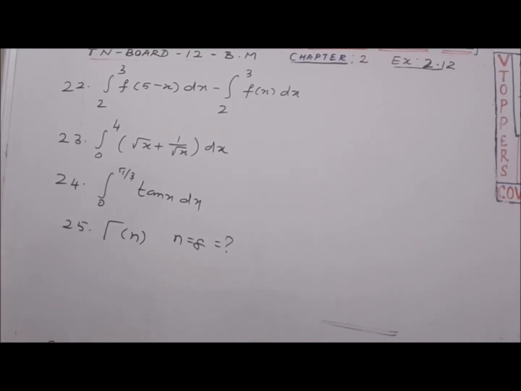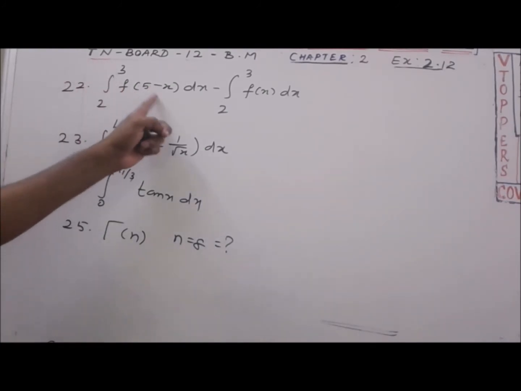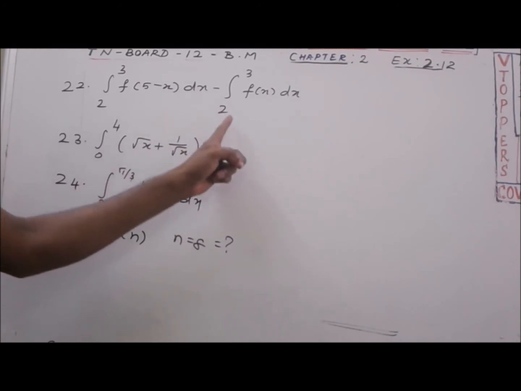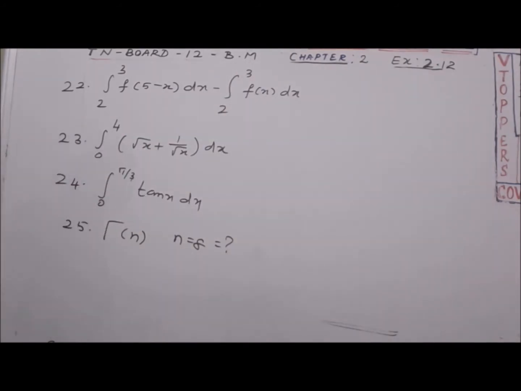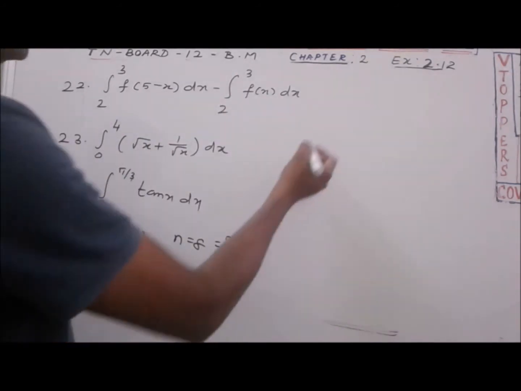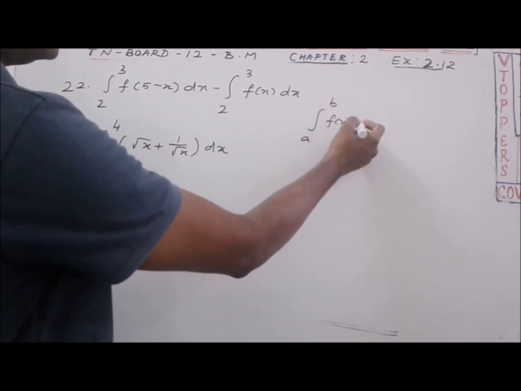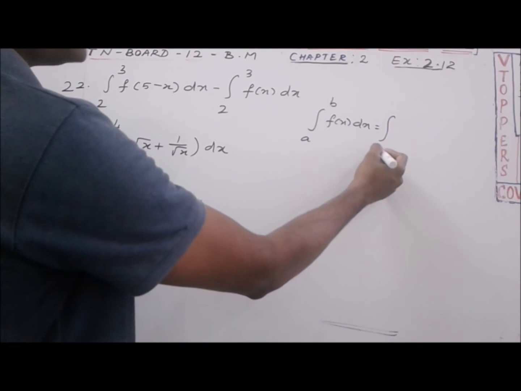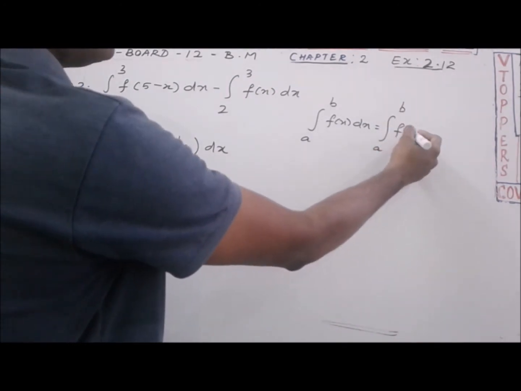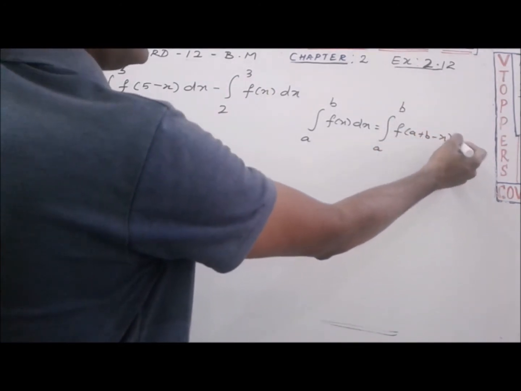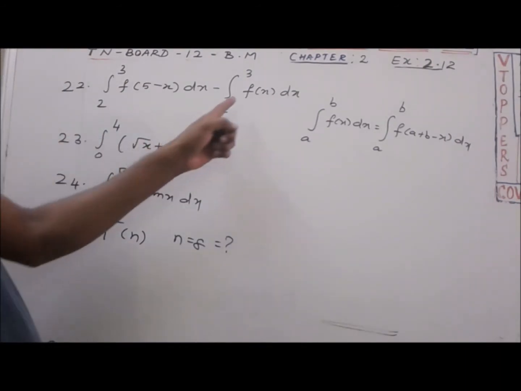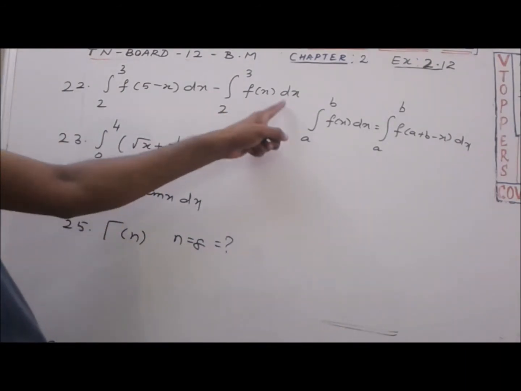Question number 22, integral 2 to 3 f of 5 minus x dx minus integral 2 to 3 f of x dx. We have the property: integral a to b f of x dx will be equal to integral a to b f of a plus b minus x dx. Now look here, a to b f of x dx.